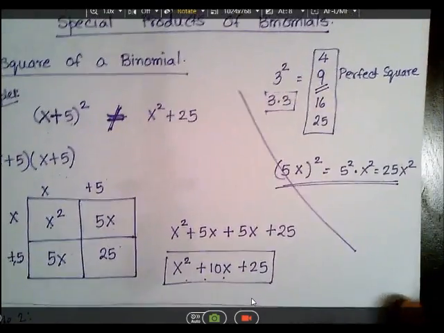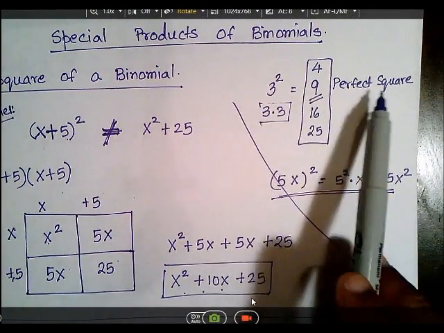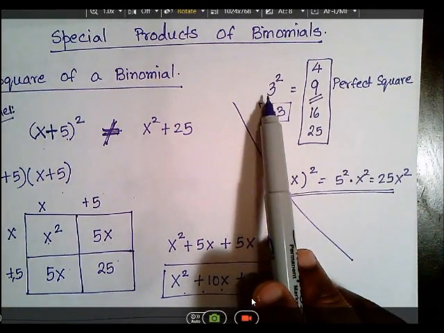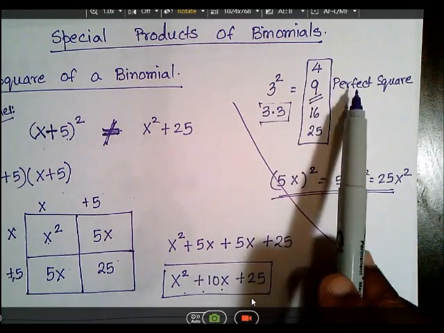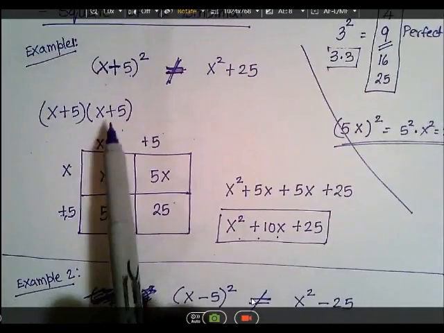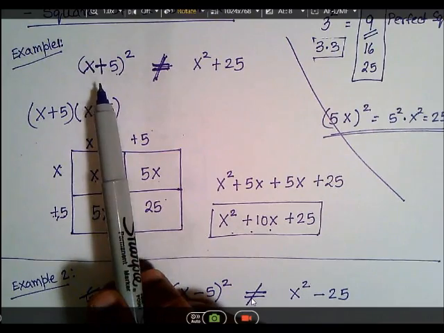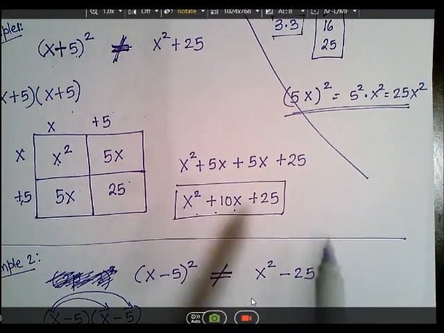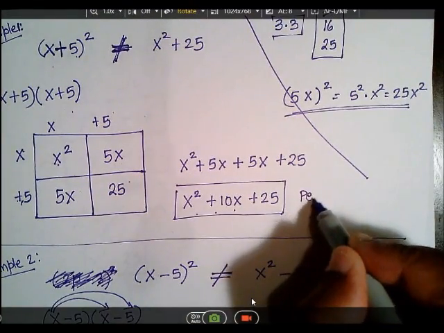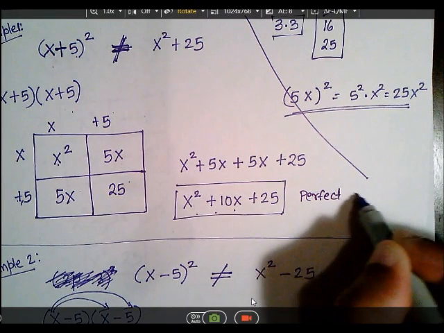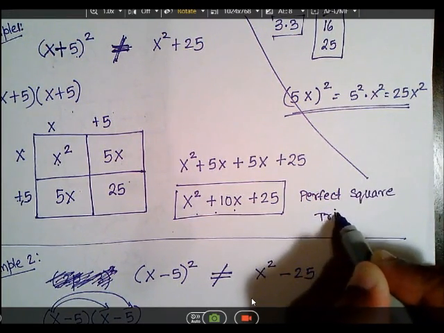Say I have perfect squares, right? When I square a whole number, I get perfect squares. So here I'm squaring a binomial. So whatever product I get, it's called a perfect square trinomial.